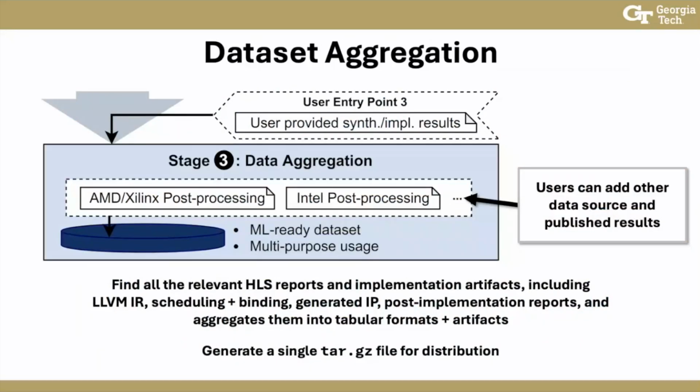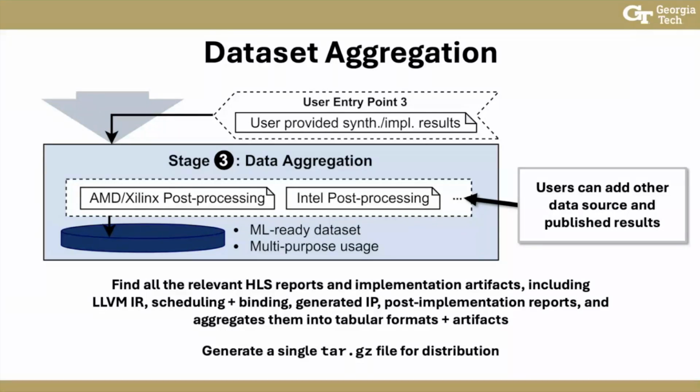And then finally, we have a last step for dataset aggregation. Essentially, once you build your Vitis HLS project and your Vivado project, there's a lot of different things everywhere, such as reports and, for example, LLVM IR or bitcode, all this kind of stuff. So we have these aggregators that simply go into each design, pull out all of the relevant data files, and for any tabular data, they aggregate it together into a CSV.